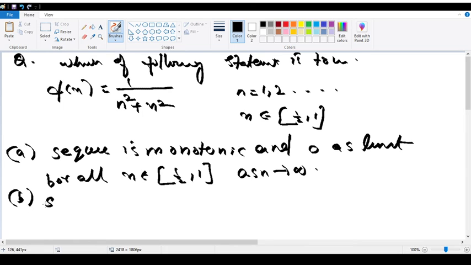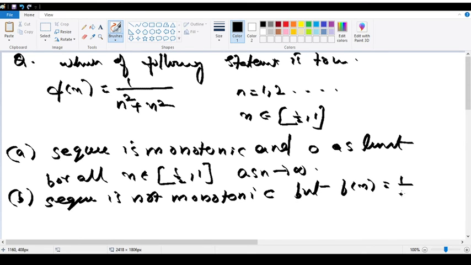Second option, sequence is not monotonic but f of x equal to 1 by x square has limit as n tends to infinity.